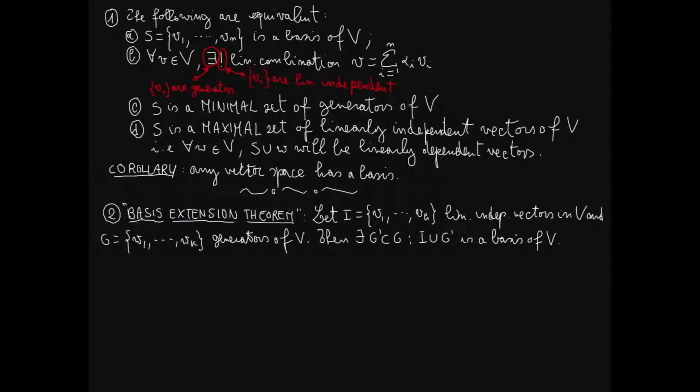From the proof of the basis extension theorem, we will see another very interesting theorem, namely that the number of elements of a set of linearly independent vectors will always be less or equal than the number of elements of generators of a vector space.